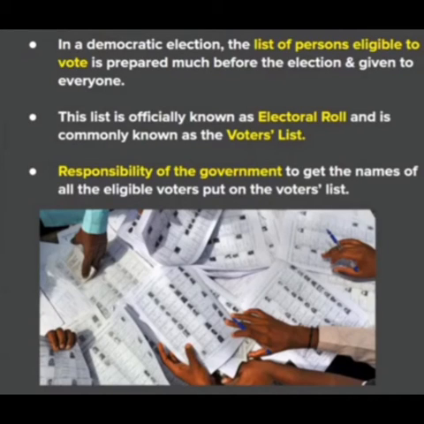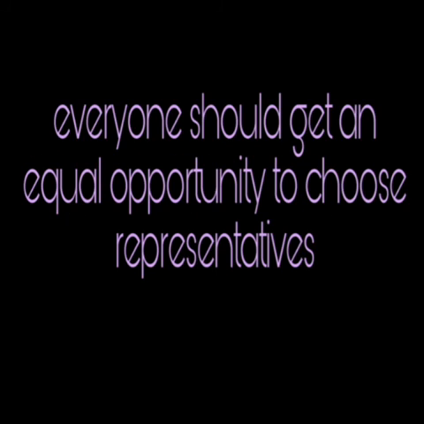This list is officially called the Electoral Roll and it is commonly known as the voters list. This is considered a very important step, for it is linked to the first condition of a democratic election. Everyone should get an equal opportunity to choose a representative.